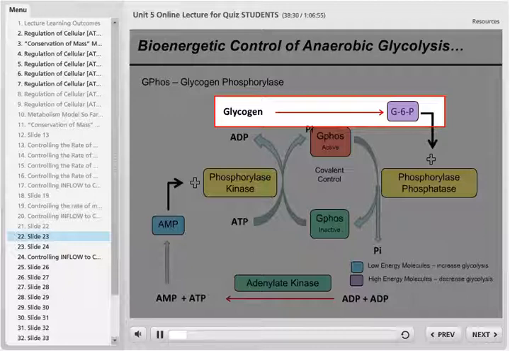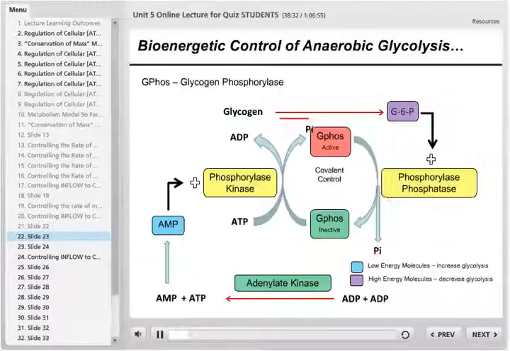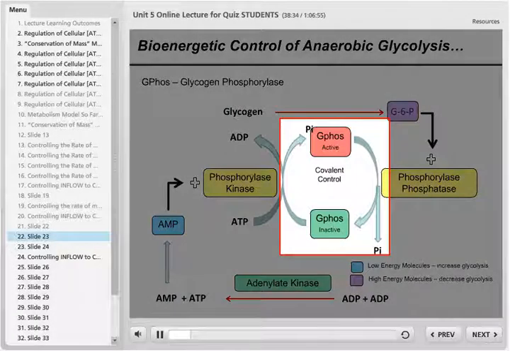And if we look right here, this is GPhos in an active form and in an inactive form. And it's covalent control of this enzyme that makes it active versus inactive. So remember, covalent means we have to attach a molecule. In this case, it's a phosphate ion, which is commonly how things occur.